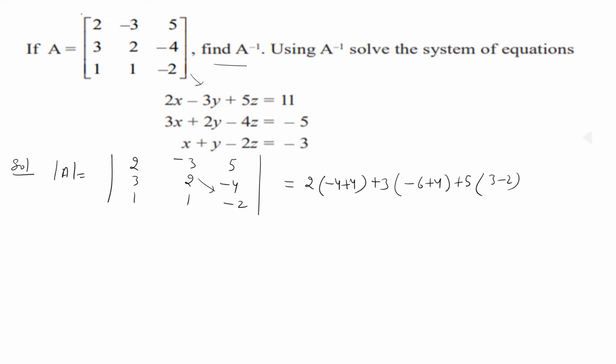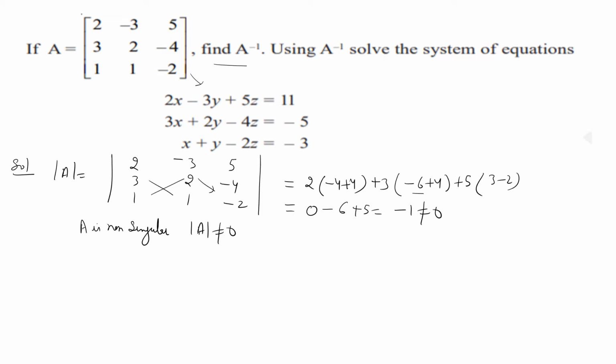So 5, this is 3 minus 2. So it becomes 0, and from here I'll get minus 2, so minus 6 and plus 5, which is equal to minus 1, which is not equal to 0. So my A is non-singular, as we know. Why? Because determinant A is not equal to 0 here, right?